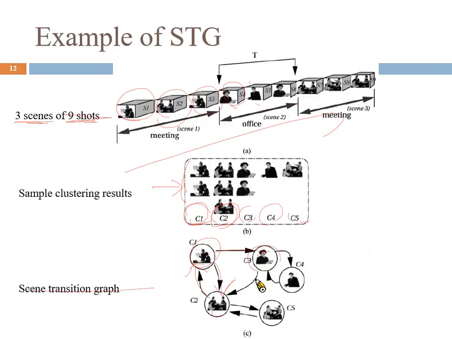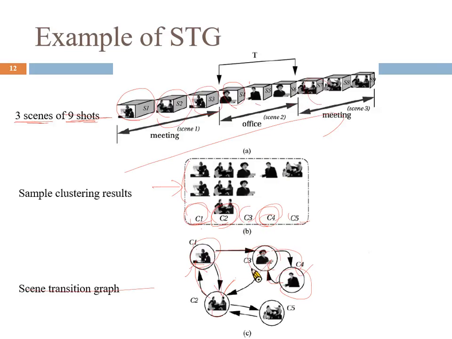S5 is another cluster called C4. So here, point to this one, and then go back to this one, because S5 precedes S6, and then go to S7.